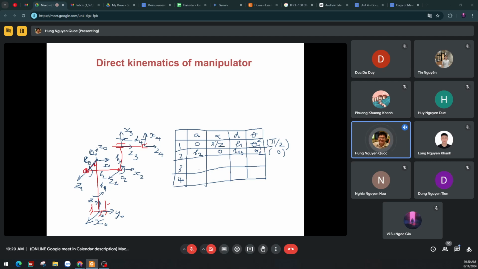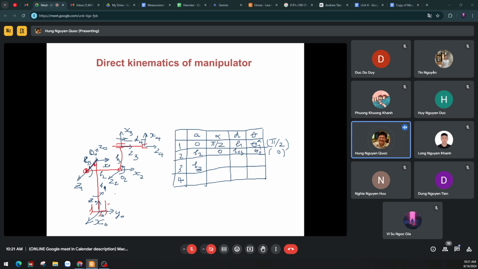Coordinate 3. Look at here. A3 is the distance between these 3 and these 2. So what is the distance? L3. Remember, if I choose X3 pointing down, then this should be minus.